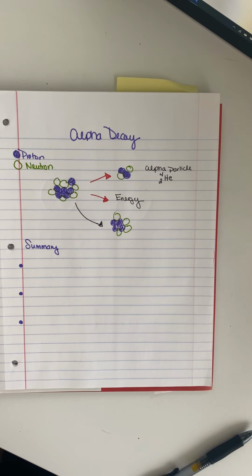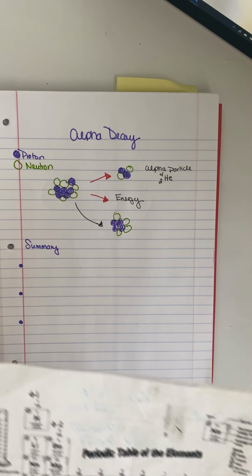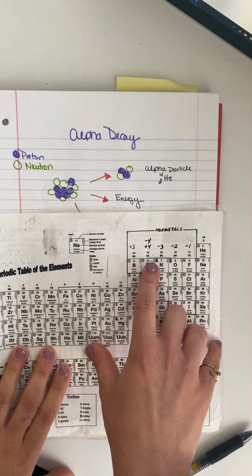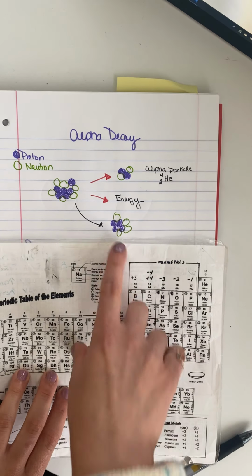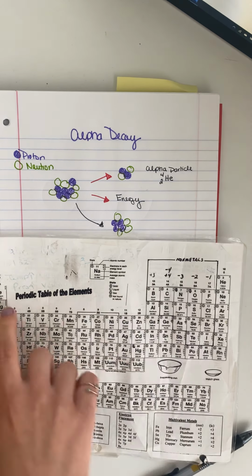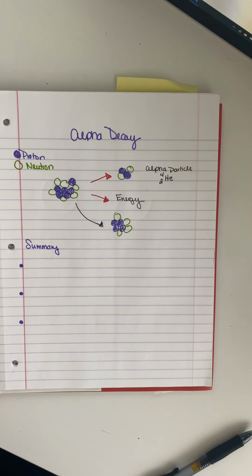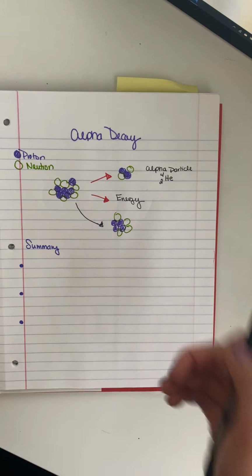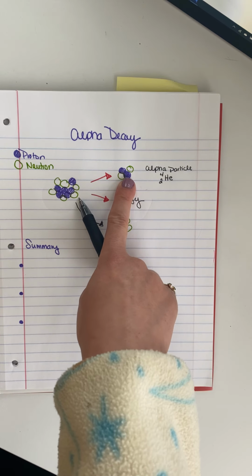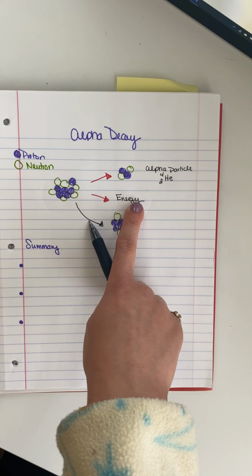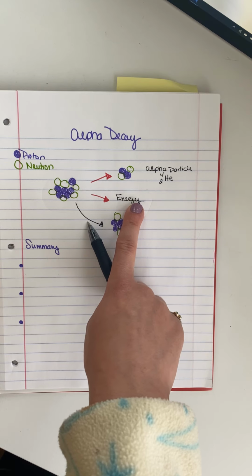If I double check my periodic table, I see that I made an entirely new element because my proton number changed. I went from having 6, so I was carbon, to only 4. I am now beryllium. So in alpha decay, I'm going to turn into a new element. I'm also going to have a product of that alpha particle, and I'm also going to release a ton of energy.